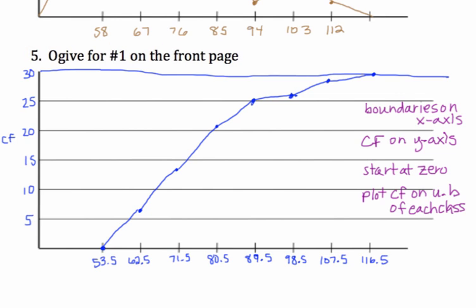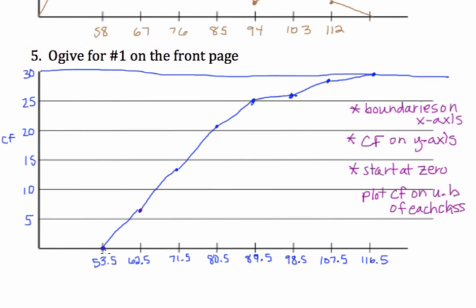Some things to remember about ogives. First, it's class boundaries on the x-axis. Cumulative frequency on the y, not just frequency. So you're going to have to change your numbers on your y-axis that you had in the first two graphs. You'll always start at the lower boundary of the lowest class at 0. Then you plot your cumulative frequency on the upper bound of each class.